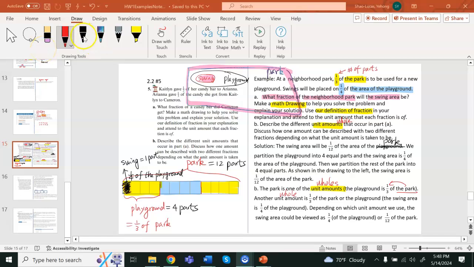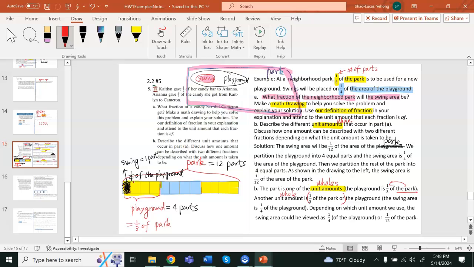And I guess if you want to just say one of them, you could just say another whole is the playground. What is the playground? The playground is 1/3 of the park. And the swing area is 1/4 of the playground. So we have also another whole, which is the playground as the whole. So we could take the entire paper strip as the whole, or we could just take the playground as the whole.